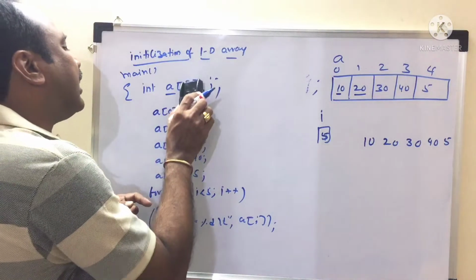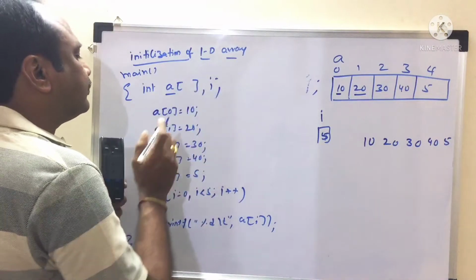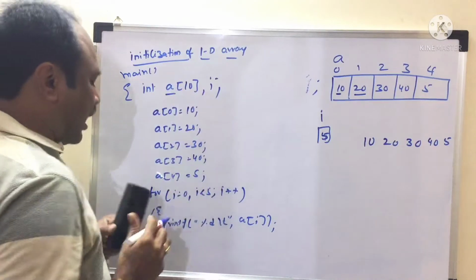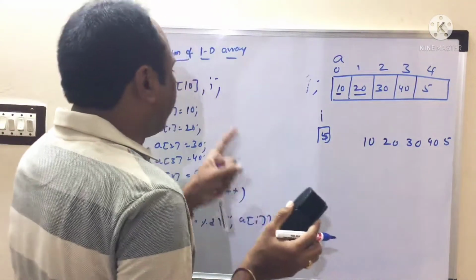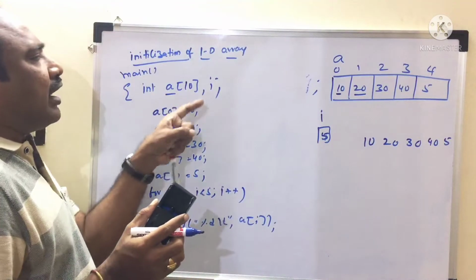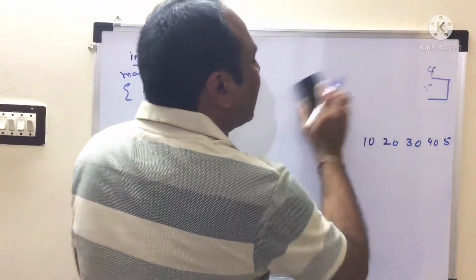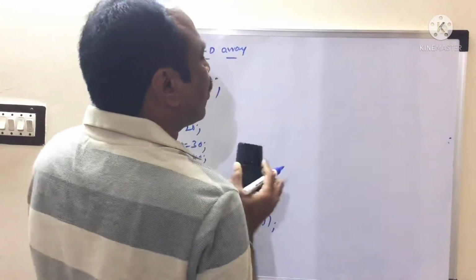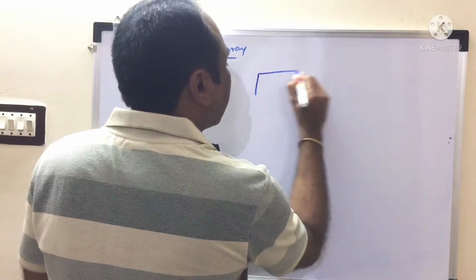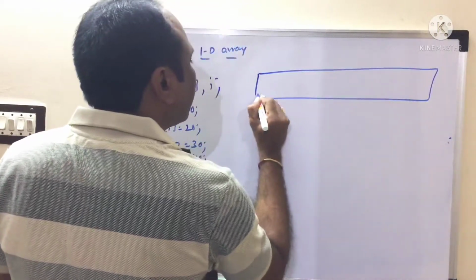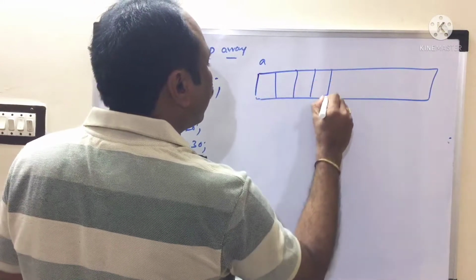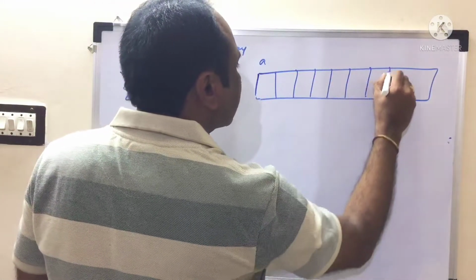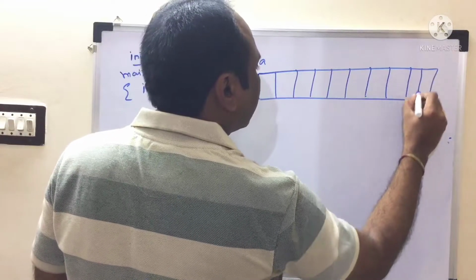Sir, I am taking a[10], but I am storing only 5 values, sir. What will happen? Nothing will happen. See, int a[10]. What is the meaning of this? Under the array name A, how many values can we store? 10 values. Array name A: 1, 2, 3, 4, 5, 6, 7, 8, 9, 10.